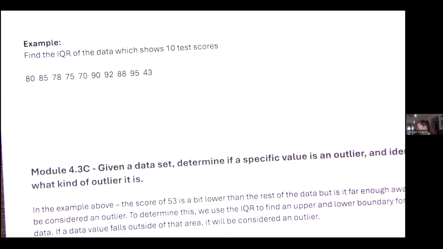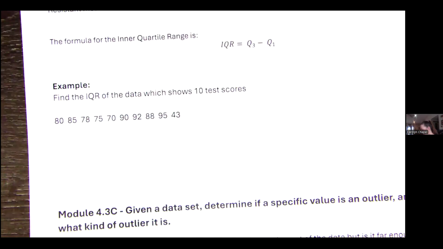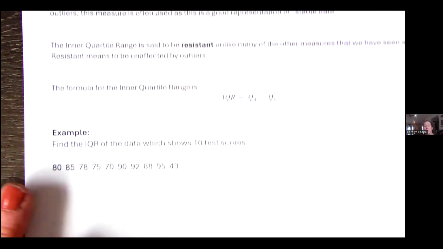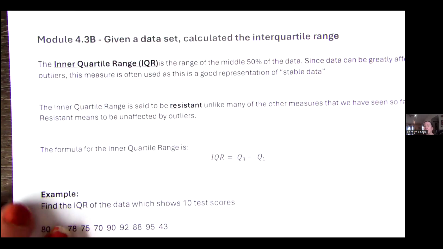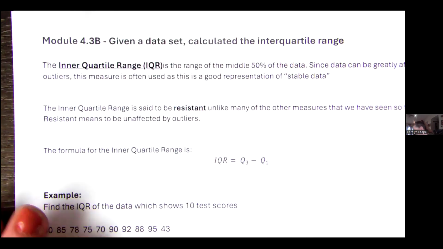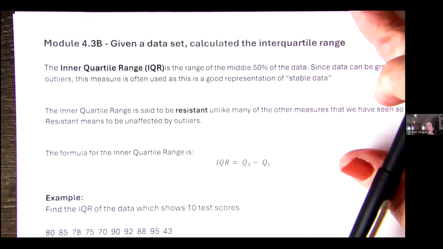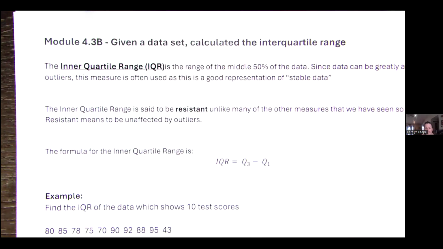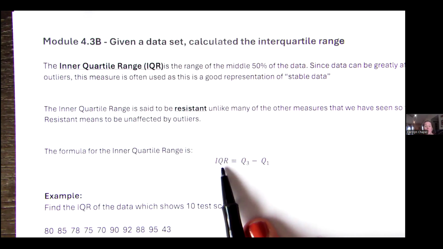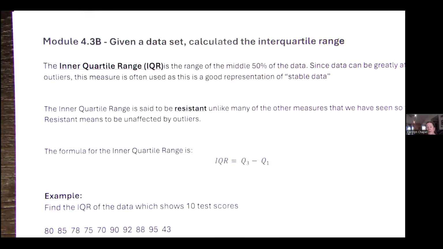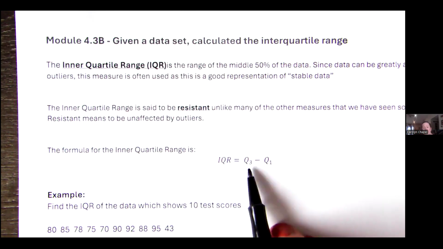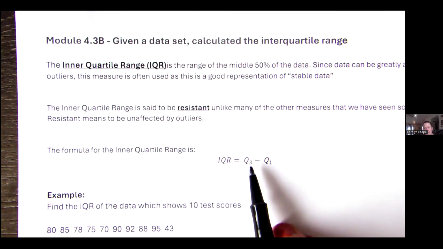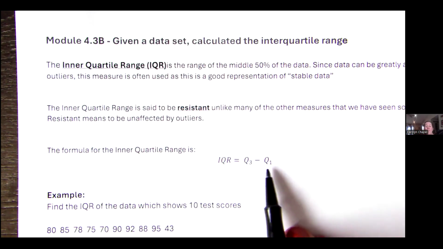The last thing we're going to do, and these kind of go together, is we're going to calculate something we call the interquartile range. It's another way of measuring how spread out your data is. And the formula for that interquartile range is to take our Q3, remember that's the median of the upper half of our data, and subtract off Q1, the median of the lower half of our data.